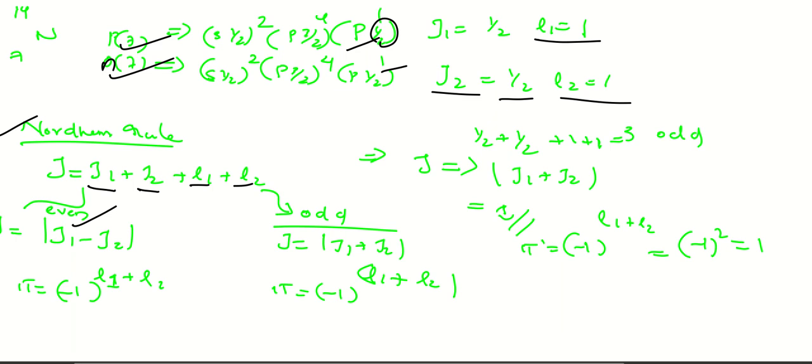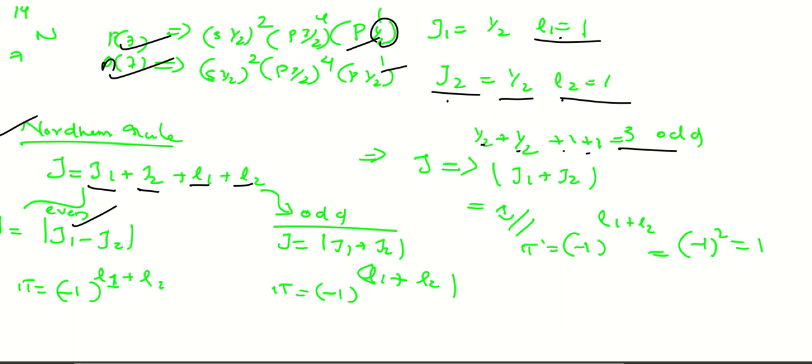Okay, so one more time you have to revise these things. In the odd-odd case, you have to add all these, J1 plus J2 plus L1 plus L2. If it is even, J is equal to modulus of J1 minus J2, and if it is odd, J is equal to J1 plus J2, and pi is equal to minus 1 to the power L1 plus L2. So here J1 is equal to half, J2 is equal to half, L1 is equal to 1, L2 is equal to 1. So half plus half plus 1 plus 1, that's equal to 3, odd.